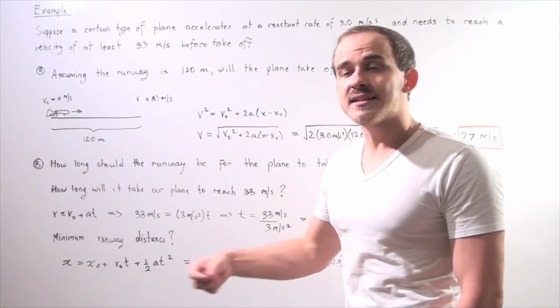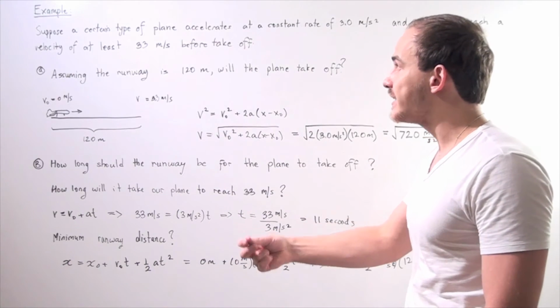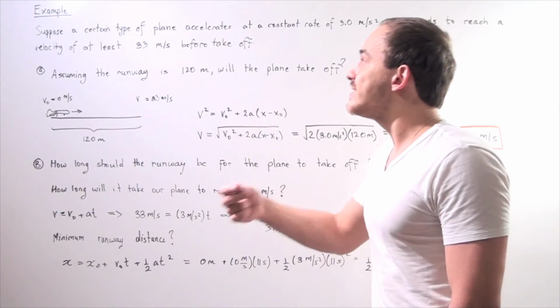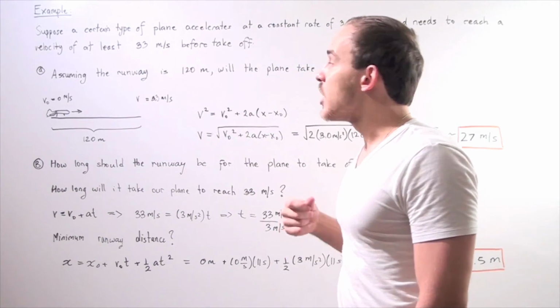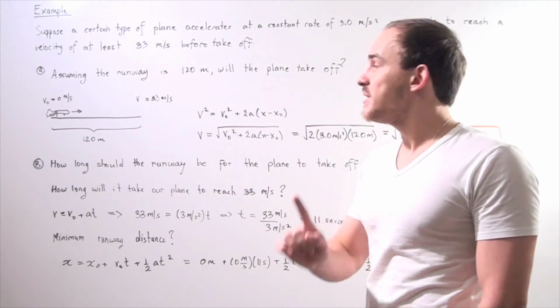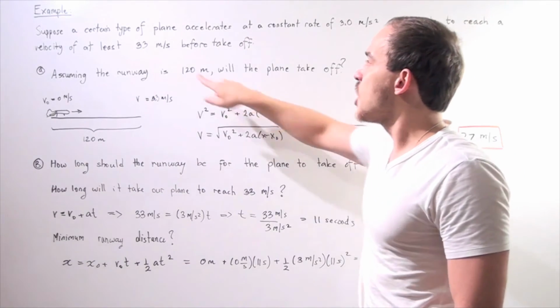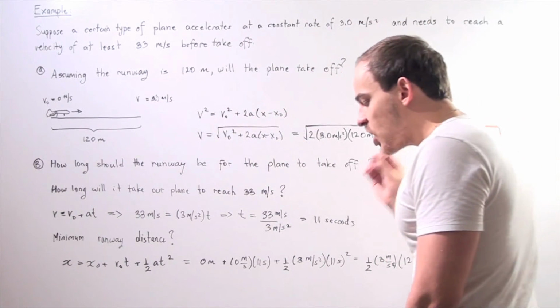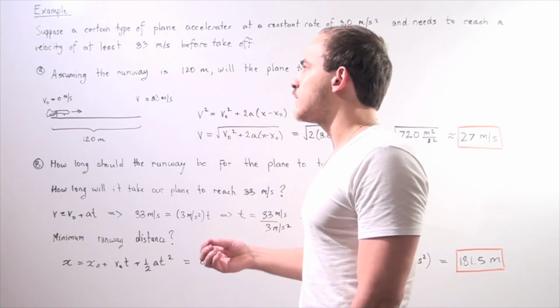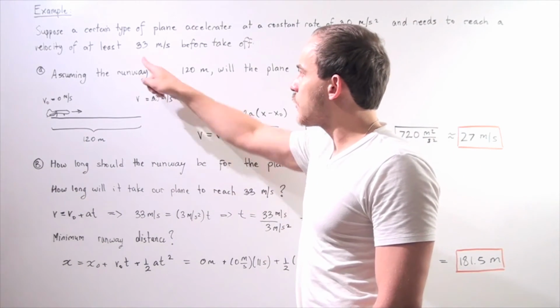After 2 seconds our velocity is 6 meters per second, and so on. How many seconds does it take to get from 0 to 33? Well, it takes 11 seconds because 11 times 3 is 33 meters per second. So, now we know the amount of time it requires for our plane to go from 0 to 33.